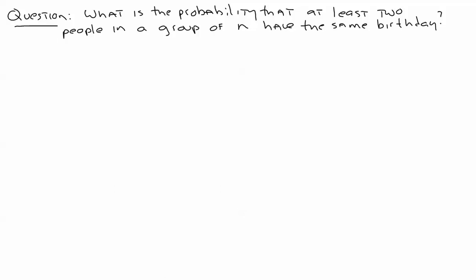I've got to make some assumptions in order to tackle this problem. First assumption I'm going to make is that I have a 365-day year. We're not going to account for leap years and leap days and things like that. Two, we're going to assume that all days are equally likely to be born on.